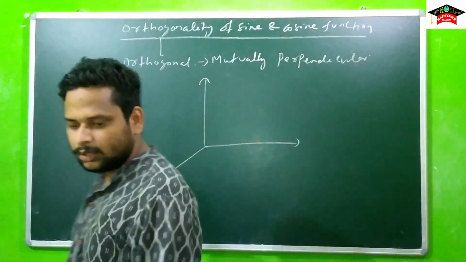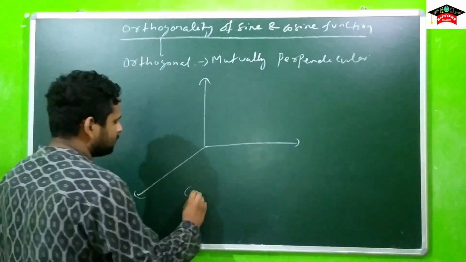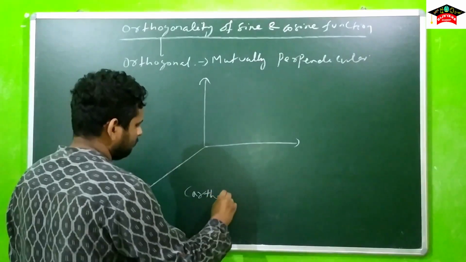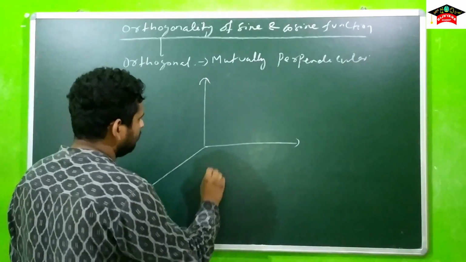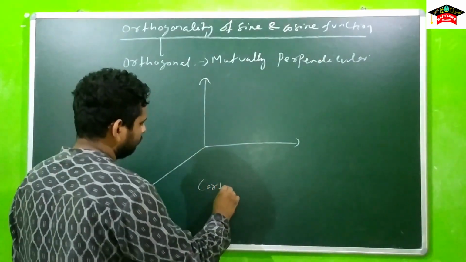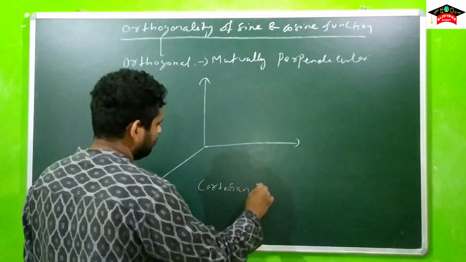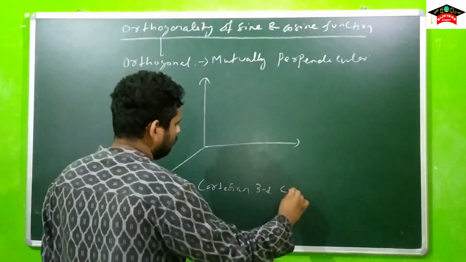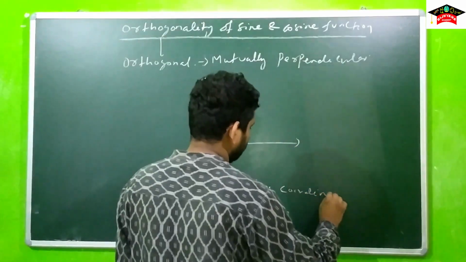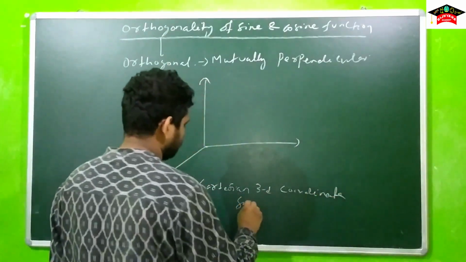So this is a Cartesian three-dimensional coordinate system.